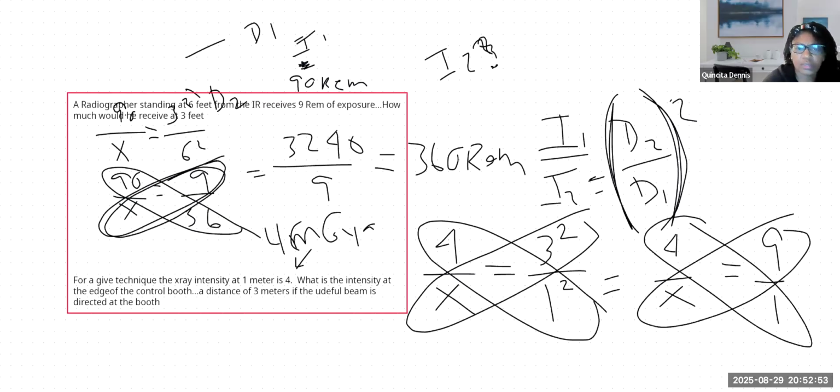What was that answer again? 4 divided by 9.